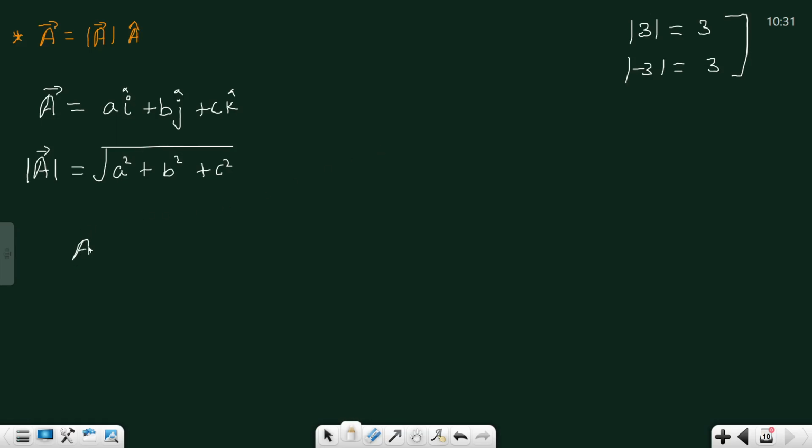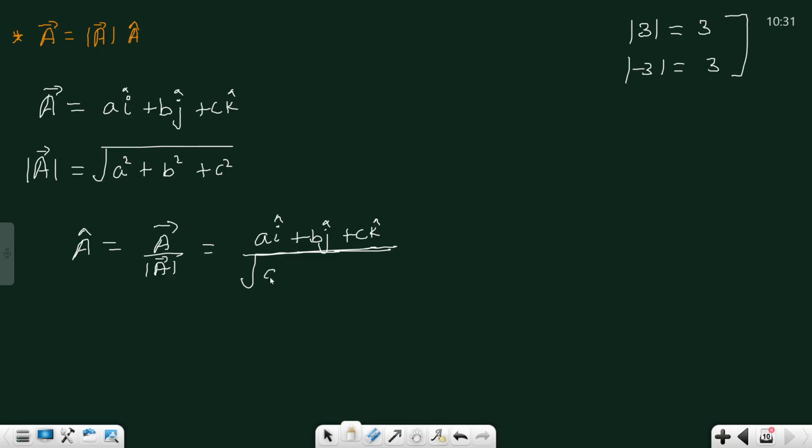And what will be the unit vector? This will be the vector divided by the magnitude. So the unit vector will be equal to ai cap plus b j cap plus c k cap, divided by root a square plus b square plus c square. I may forget to put a cap somewhere, but you should know that i, j, k are unit vectors, so you have to put this cap always.